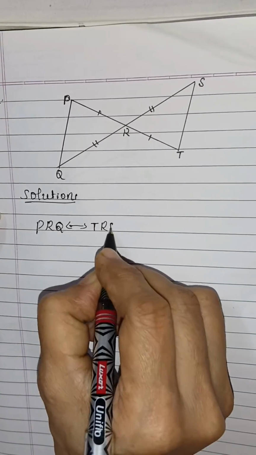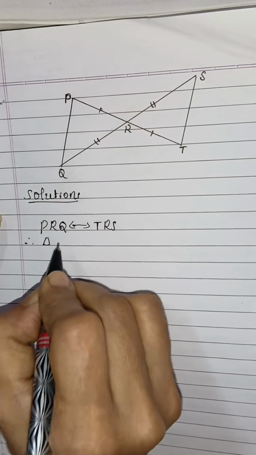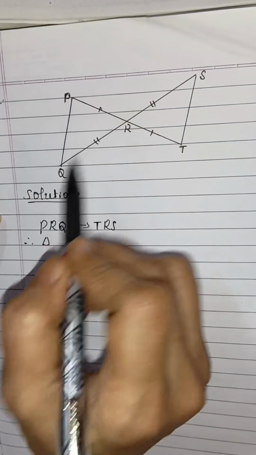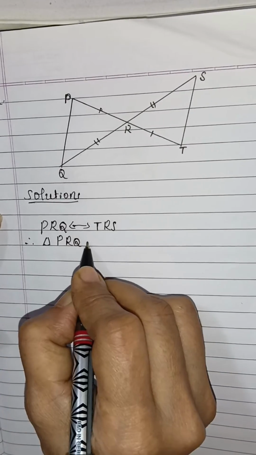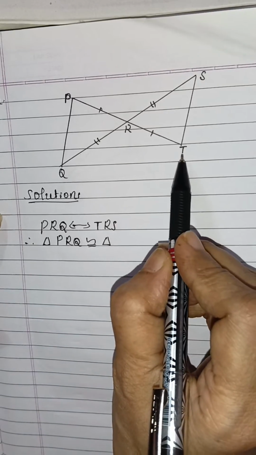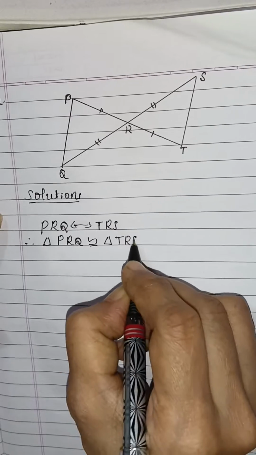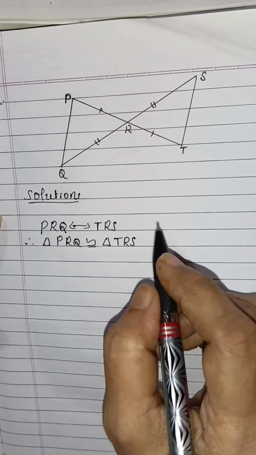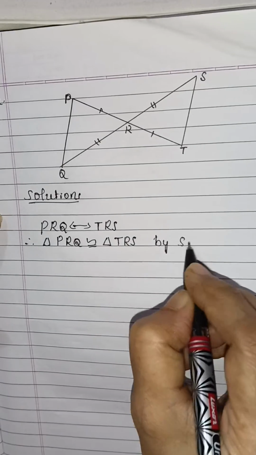Therefore, triangle PRQ is congruent to triangle TRS by SAS test.